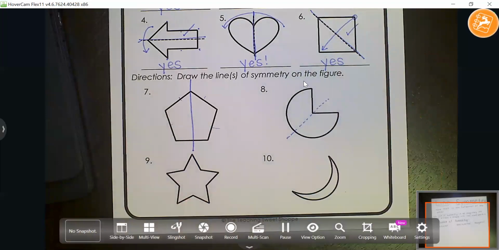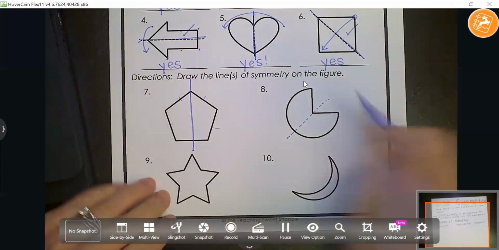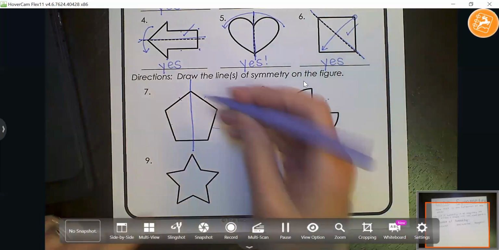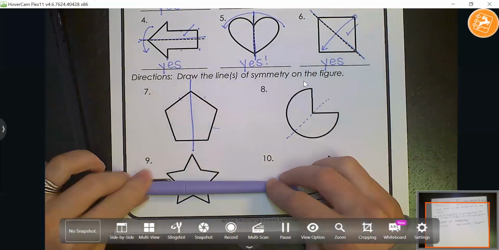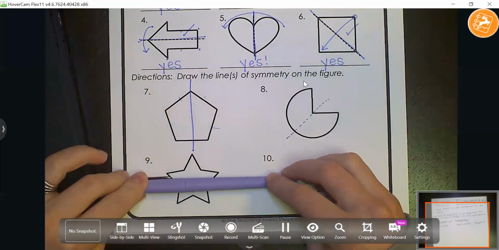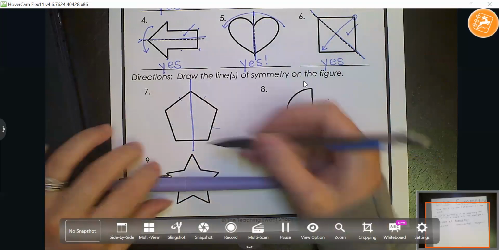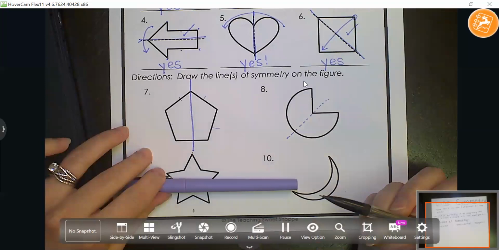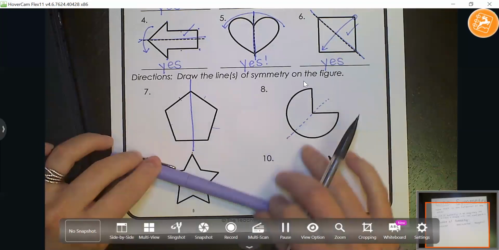Very good. All right, number 9, we've got a star. If I cut the shape in half here, horizontally, would those two halves match? No, definitely not, because this point of the star here does not have a point to match to down here. What if I cut it diagonally?